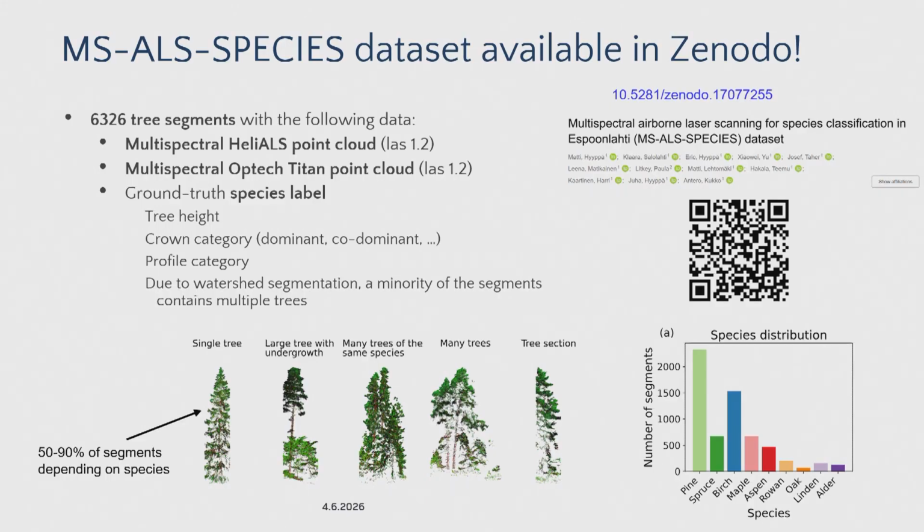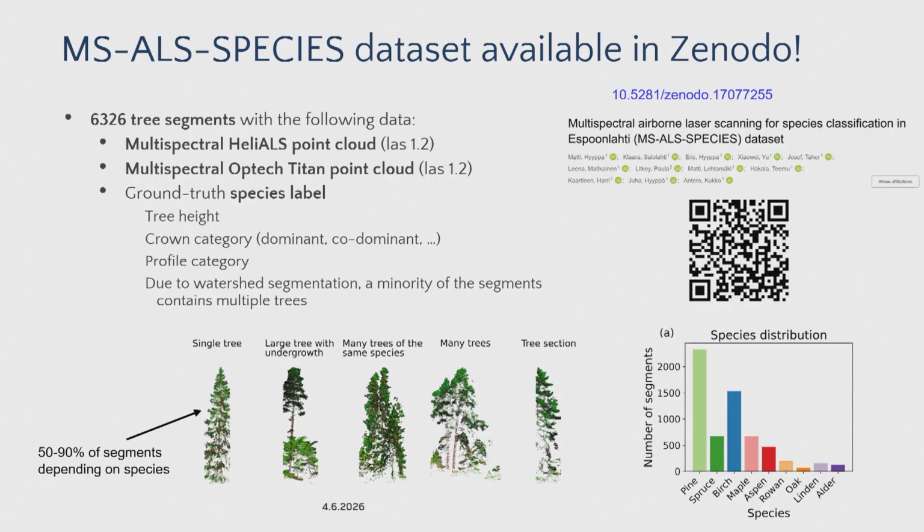So we manually look at every profile, and they were put by whether there is a single tree in the segment, whether there is a single tree plus some smaller trees under it, whether there were many trees of the same species, or multiple trees with different species, or just a part of a tree. So every segment has been classified.